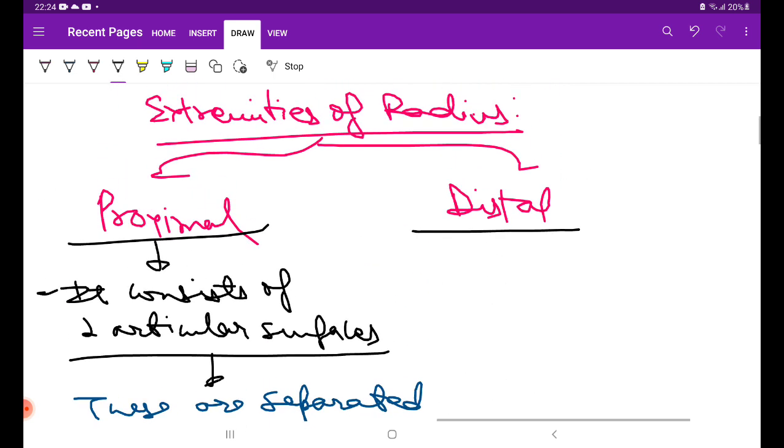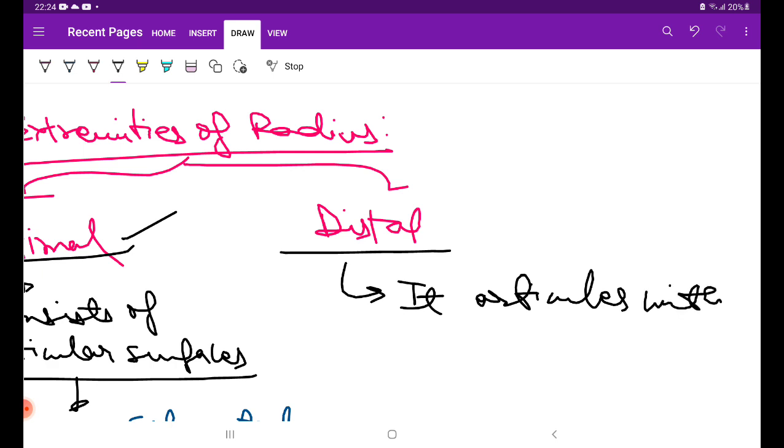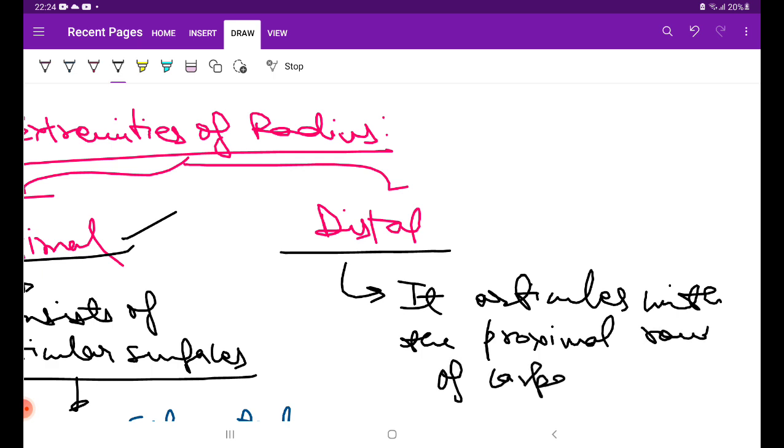Let us talk about the distal end. With which structure does the proximal end articulate? It articulates with the distal end of humerus to form elbow joint. The distal end articulates with the proximal row of carpals.